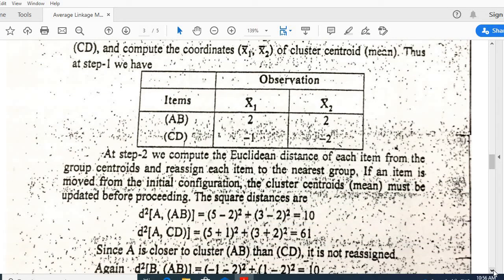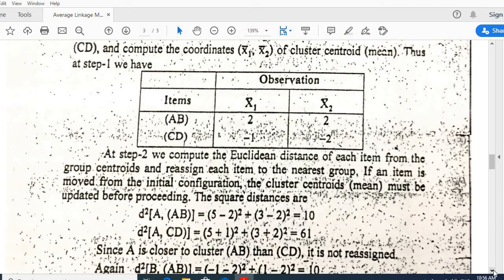At step 3, D square is equal to 5 minus 3. Now we have to check at step 3. We compute the Euclidean distance of each item from the group centroid and reassign the items to the nearest group.